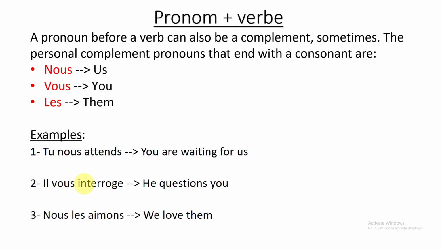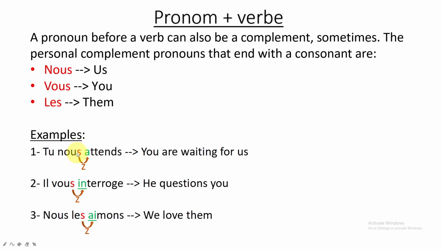Il vous interroge. Third one. Nous les aimons. So you can pause the video and try to find out the liaison and how we are going to pronounce them. You can pause it, try yourself, and then come back and continue the video.